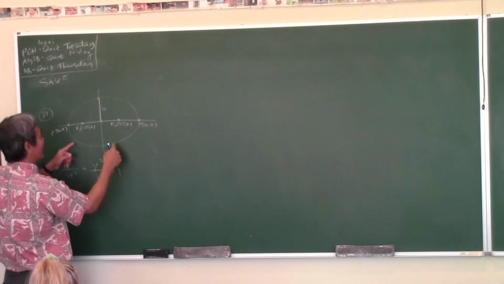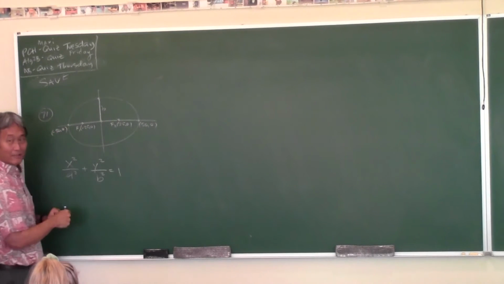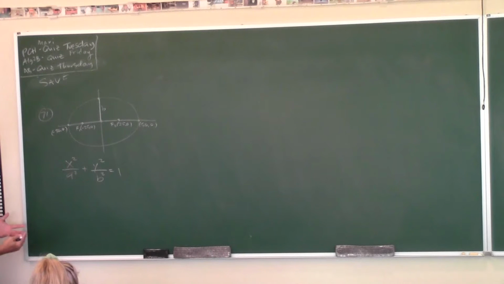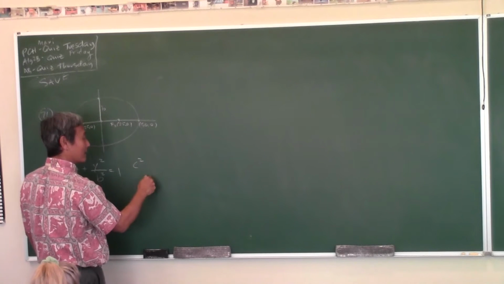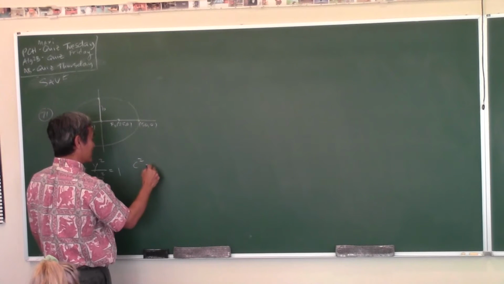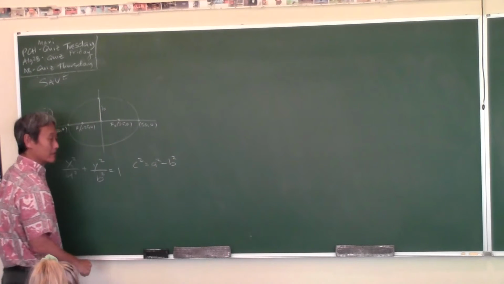Because A tells you how much to go left and right, and C is how much to go left and right for the foci, right? So they're telling you what A and C are, you just have to figure out B, but isn't that kind of easy? What's the equation for the ellipse that relates A, B, and C? C squared equals A squared minus B squared.